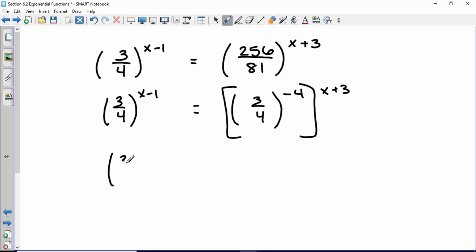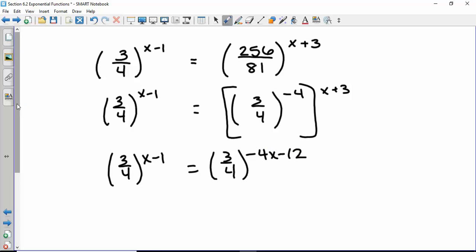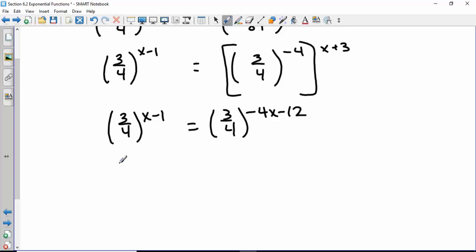And we still have that x plus 3. So then a power to a power, we multiply those exponents. Now we have the same base on each side. So now we can set those exponents equal to each other and solve.